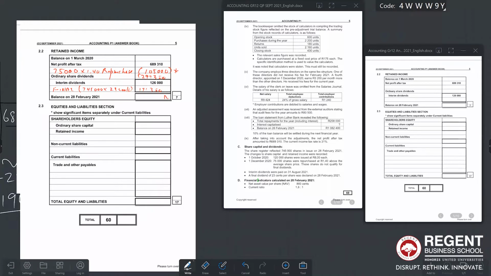Now, after I subtracted the 105,000, the balance in my retained income was 204,040. I need to work out the retained income balance on the 1st of March. Please understand that. They told you the balance in the retained income was 204,040. That's what they gave us in my trial balance.